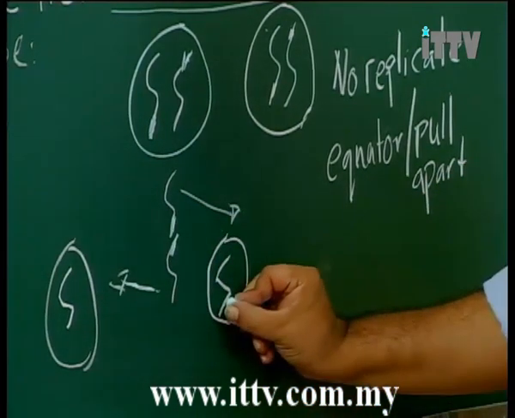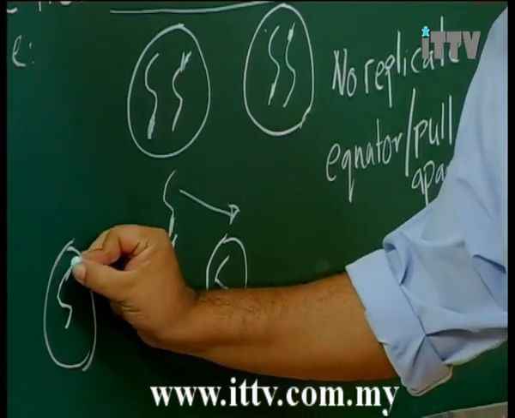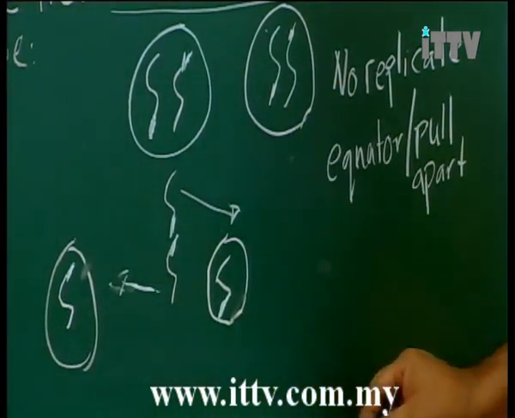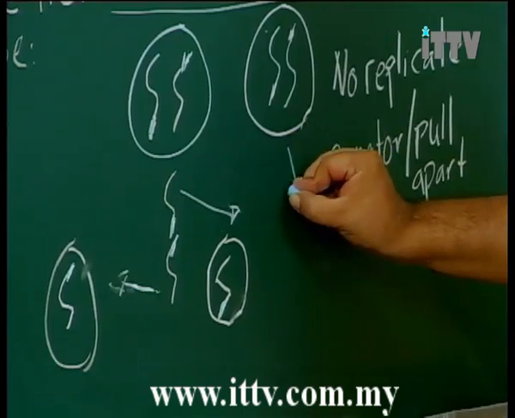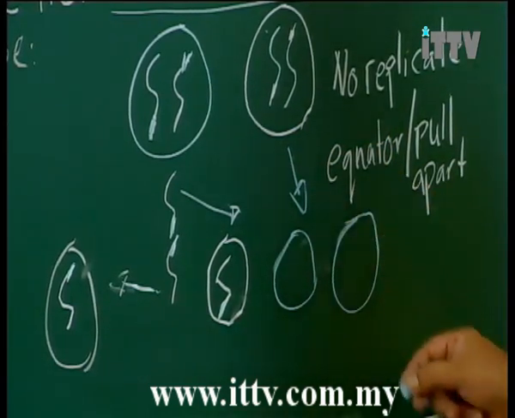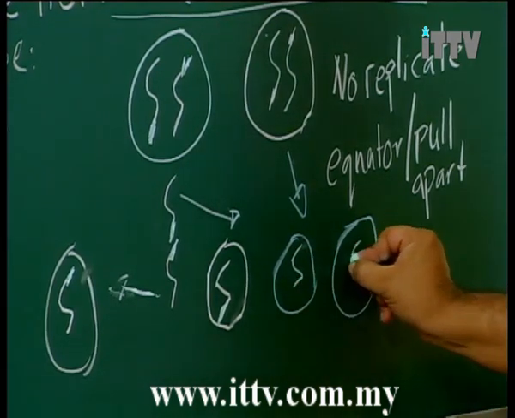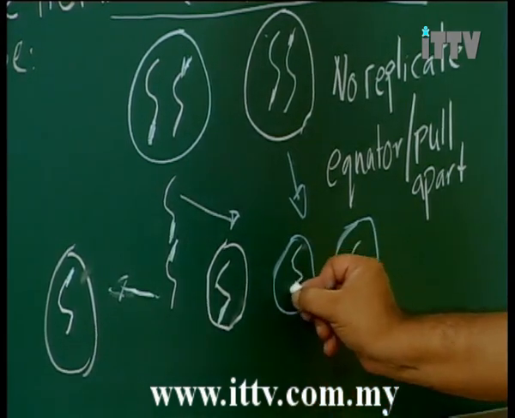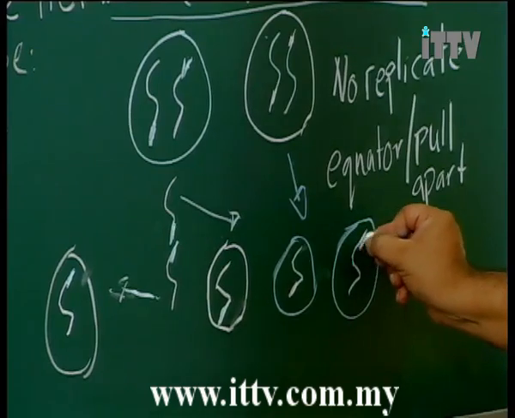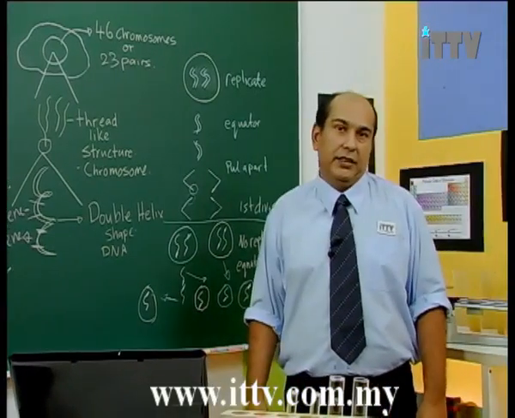This one is the one with the green at the bottom. This is the one with the green at the top here. And the same thing happens here. This does the same thing to produce a new cell and a new cell. This will be the green and green with a bit of white at the bottom and a bit of white at the top. This is meiosis.